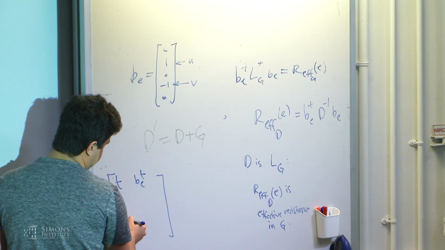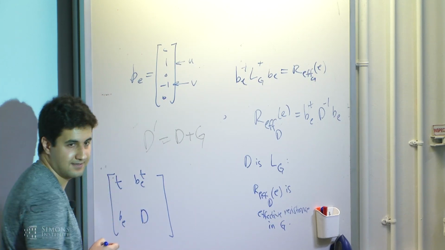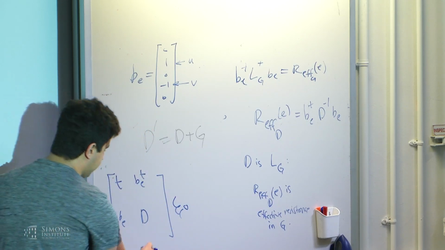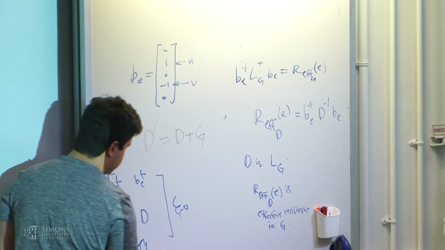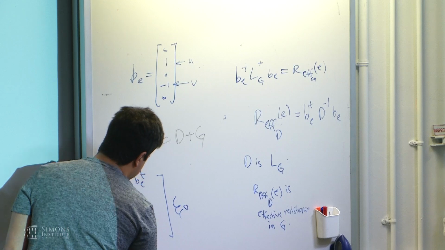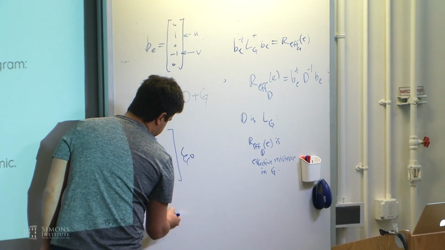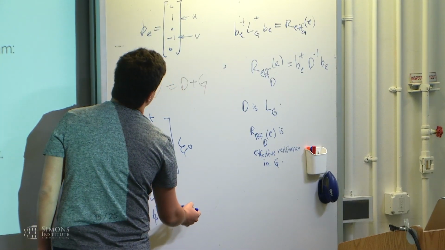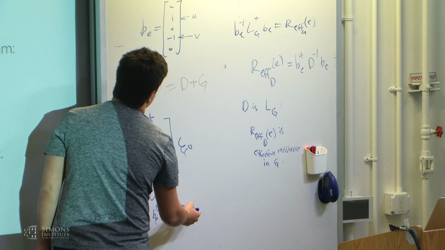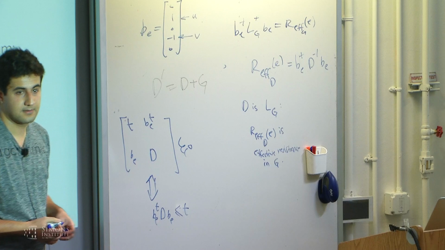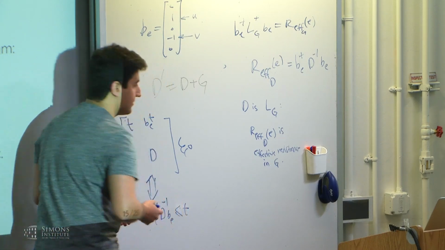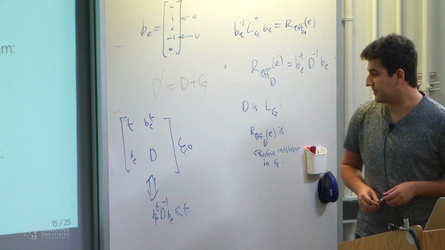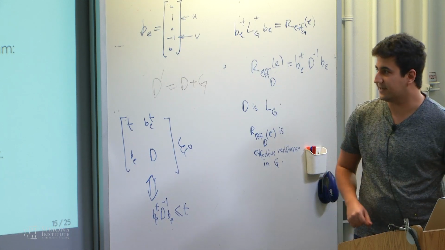If you form this matrix like this, this matrix is positive semi-definite, as long as D is positive semi-definite, if and only if B_e times D times this thing is upper bounded by t. Sorry, yeah. So you can make it into an SDP, but that's really not that important for this talk.